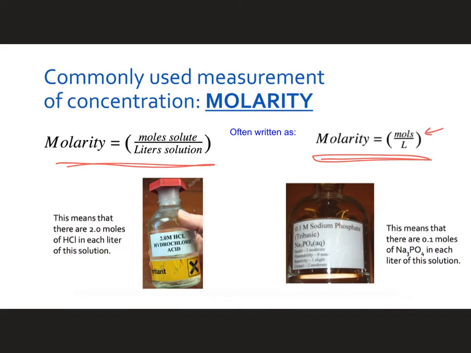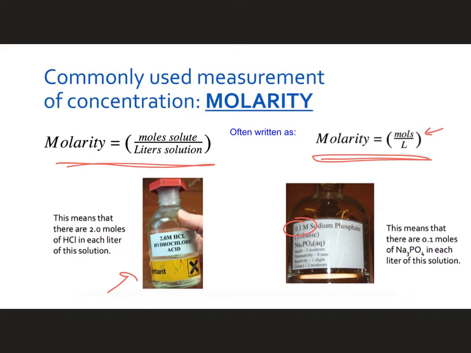And so this image right here on the bottom left, it is 2.0 M HCl. So that means there are 2 moles of hydrochloric acid in each liter of this solution. And then on the right here, we have a 0.1 molarity of sodium phosphate, and that is telling us that there are 0.1 moles of sodium phosphate per liter of this solution.